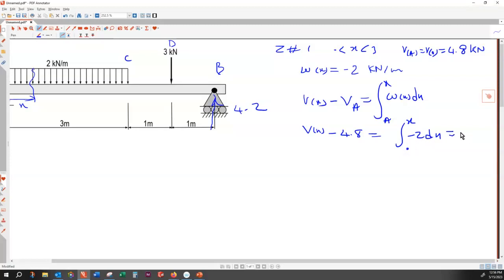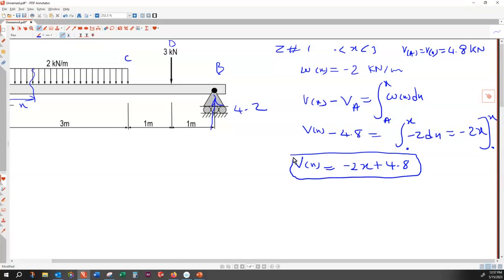So that is equal to minus 2x between 0 and x. All right, so here I find V of x is equal to minus 2x plus 4.8. That is the expression for V of x.